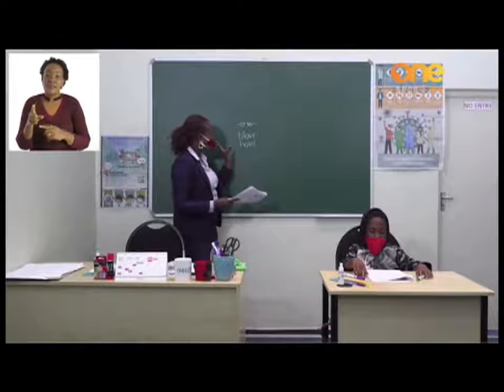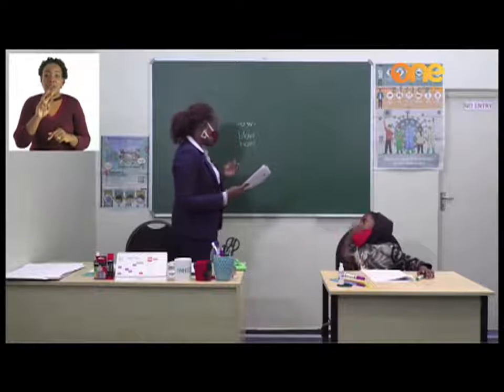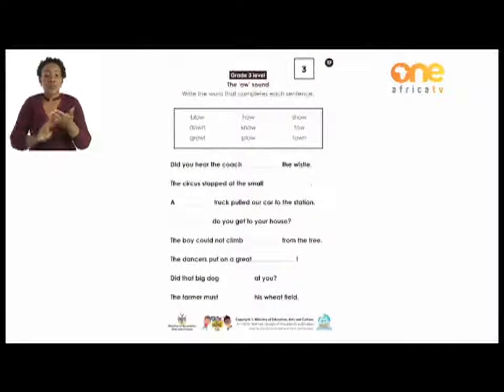So this is what we are going to do. We will read them first. Blow, how, show, down, and all the other words. Now you read the sentence and fill in the given words.